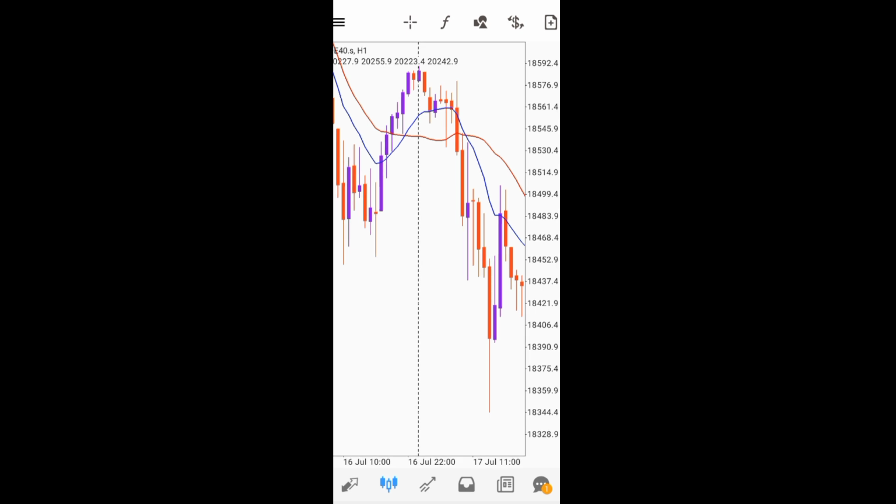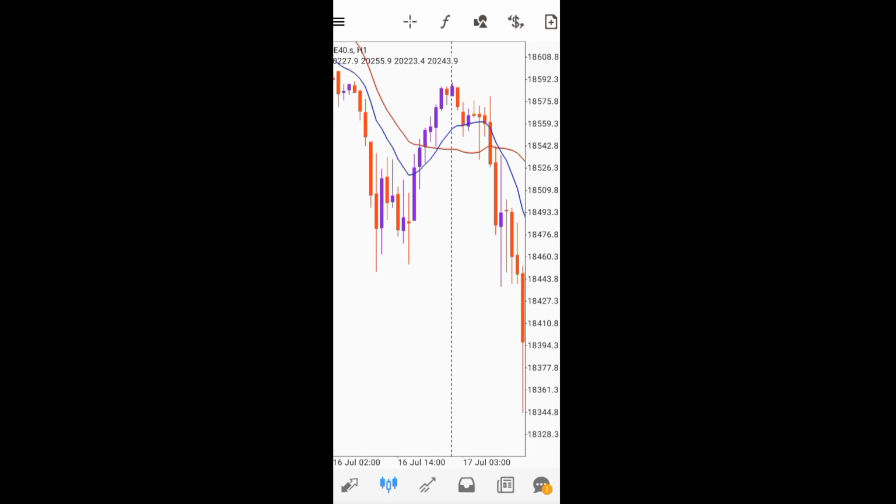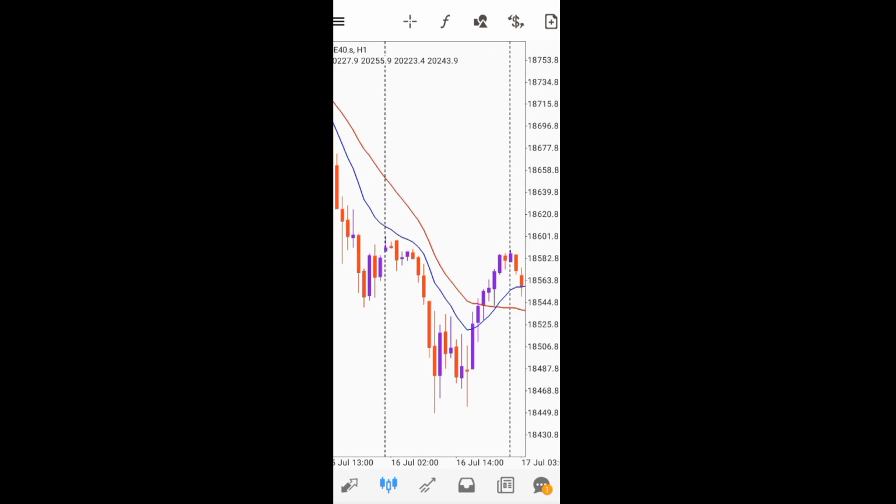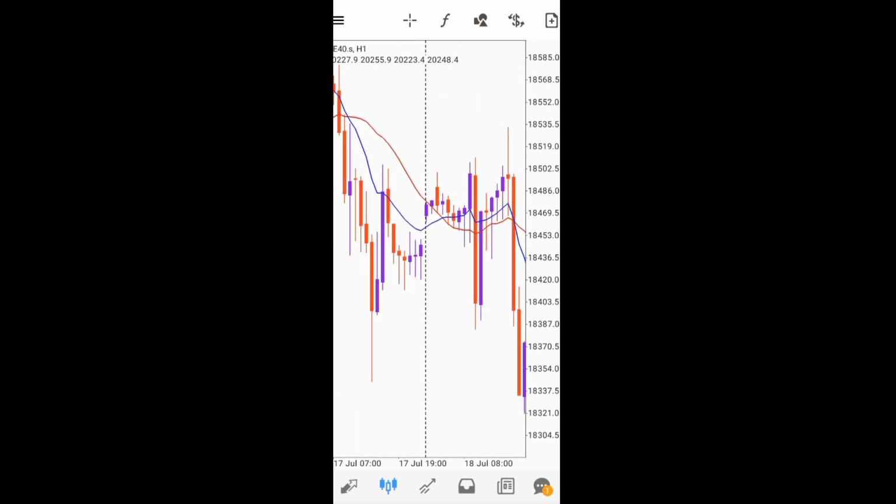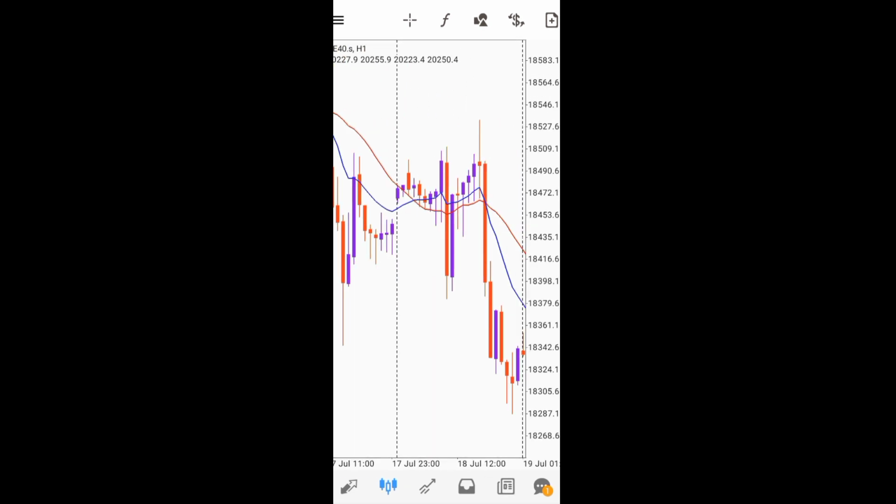So how do I use these indicators to make buying or selling decisions? First of all, what I tend to look for is a bullish or bearish engulfing candlestick. A bullish or bearish engulfing is something like this one.